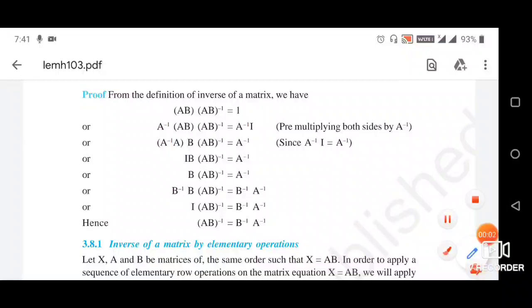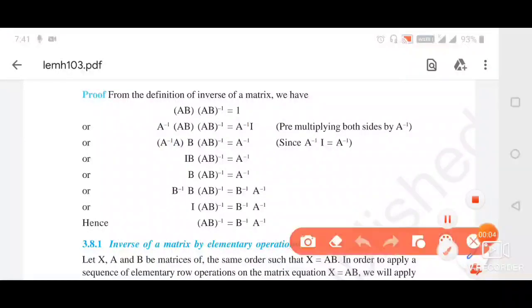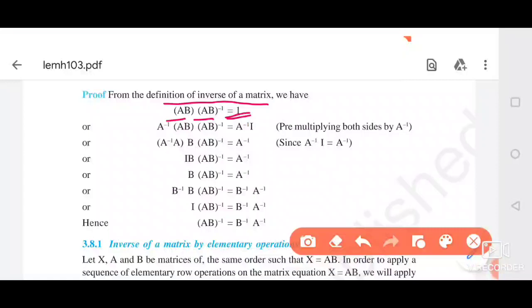In the proof it is written, from the definition of inverse of a matrix, we have AB into AB inverse is equal to I. So, we know if two matrices are invertible, then we can write AB into BA is equal to I, where B is the inverse of A or A is the inverse of B. Now, if we are talking about the matrix AB, then the inverse of matrix AB will be AB whole inverse.